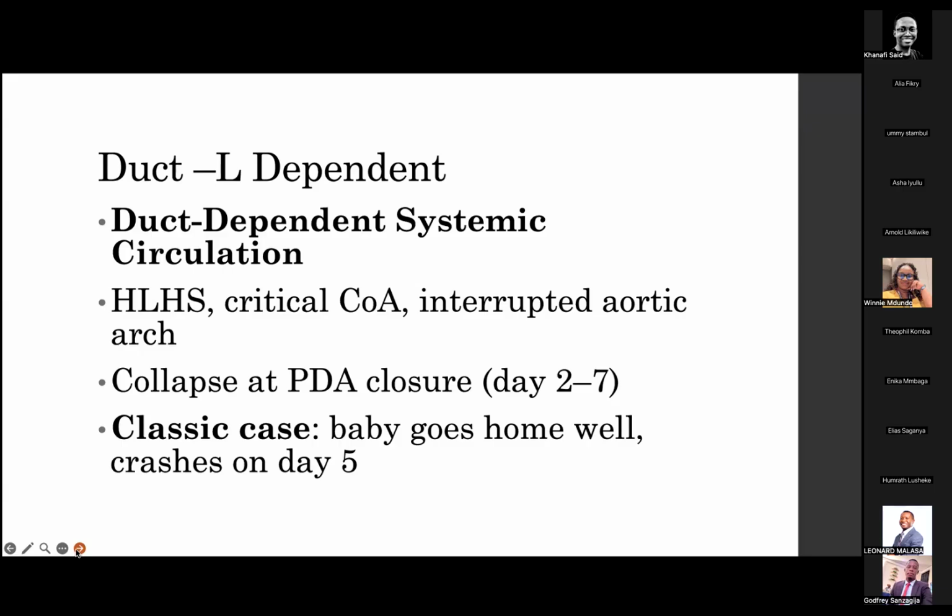Some of the examples are hypoplastic left heart syndrome, meaning basically that the left heart is so small that the right heart has to take over everything. Critical coarctation of aorta, where the aorta is narrowed to the extent that there is no systemic blood flow, and interrupted aortic arch. So that's a left-sided lesion.